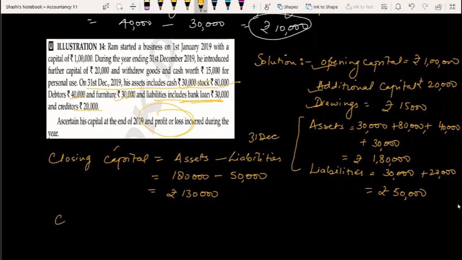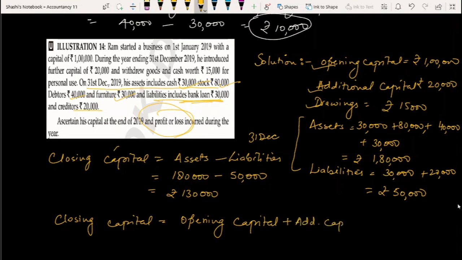Closing capital is opening capital, plus revenues, plus additional capital, minus drawings, plus profits, minus expenses.